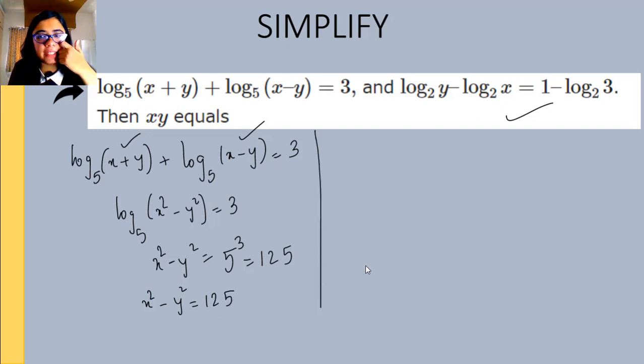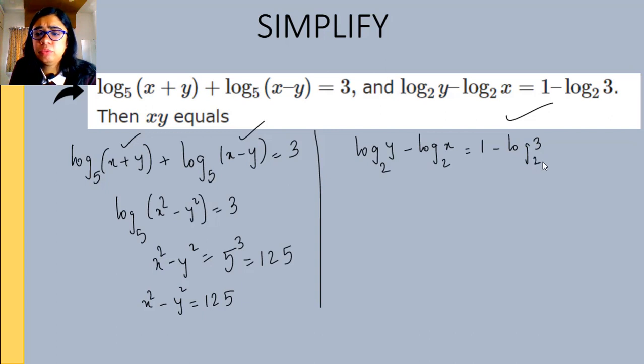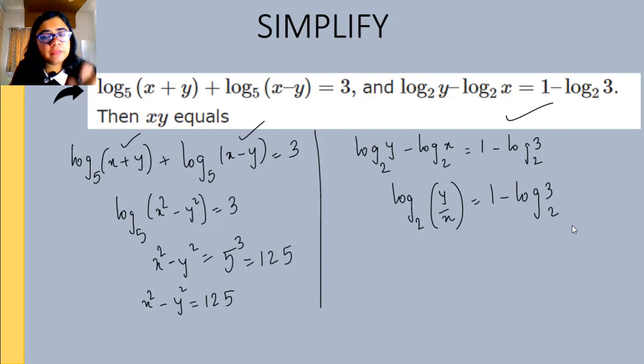If you look at the second part, what is given here? Log y to the base 2 minus log x to the base 2 is 1 minus log 3 to the base 2. So I can write this as log of y by x to the base 2 is 1 minus log 3 to the base 2. I can take log 3 to the base 2 on the other side.